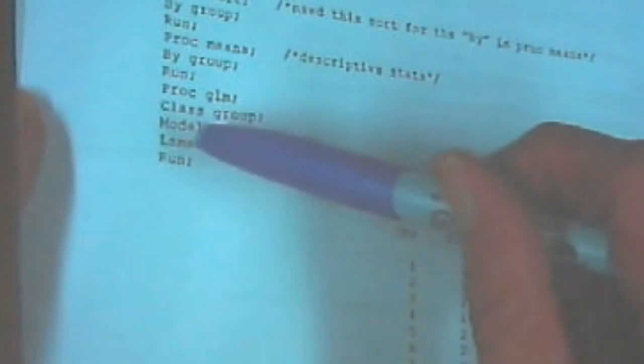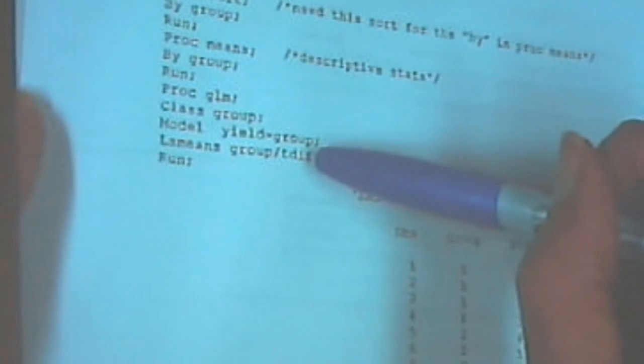Then the code said run proc GLM, class is called group, model yield equals group, and here's a new wrinkle. LS means, least squares means group / tdiff.